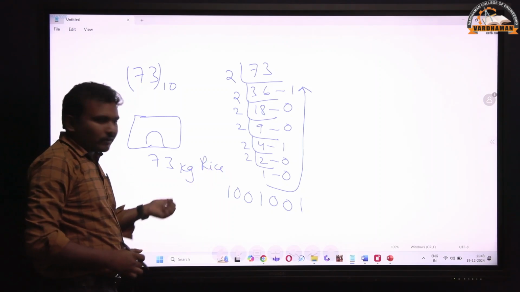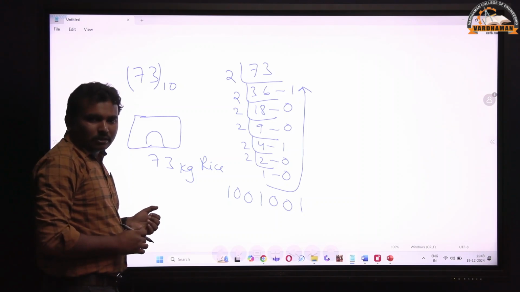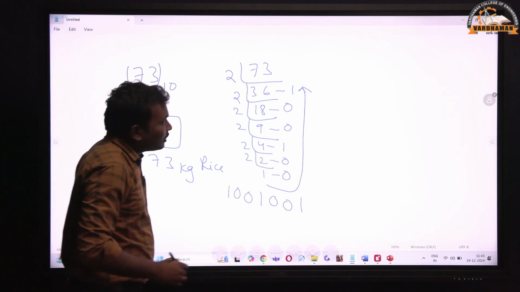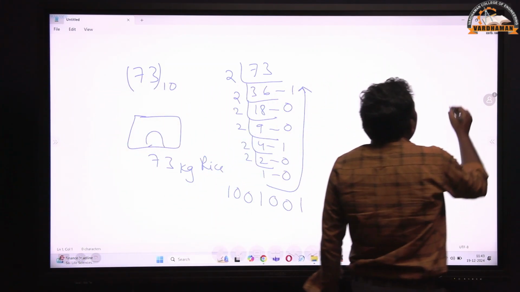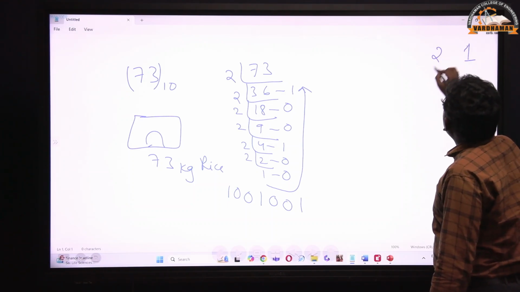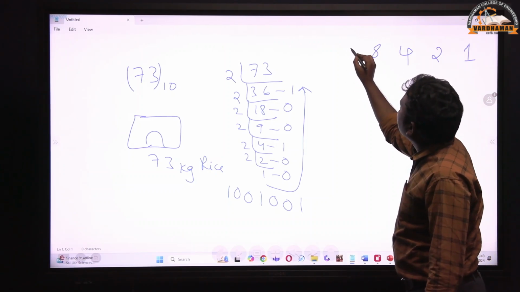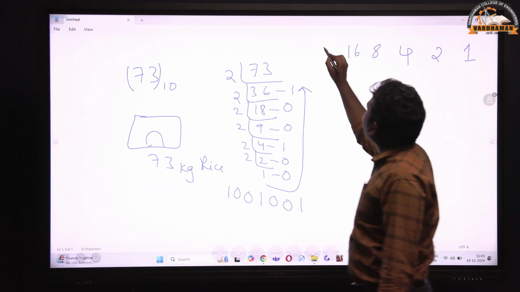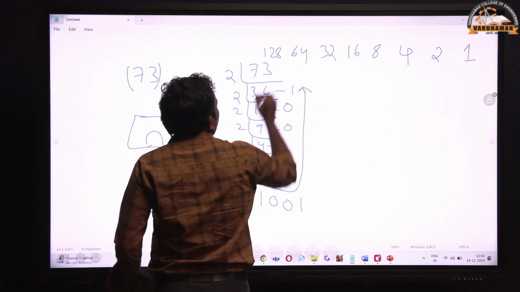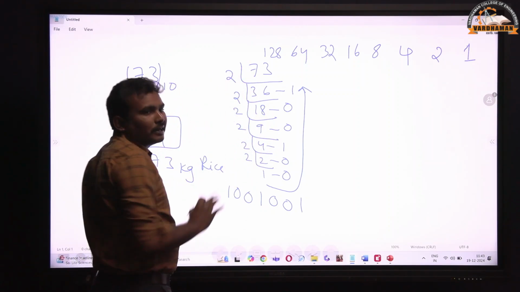Assume there is no digital weighing machine, only a manual mechanical one. The only weights available are 1 kg, 2 kg, 4 kg, 8 kg, 16 kg, 32 kg, 64 kg, and 128 kg.